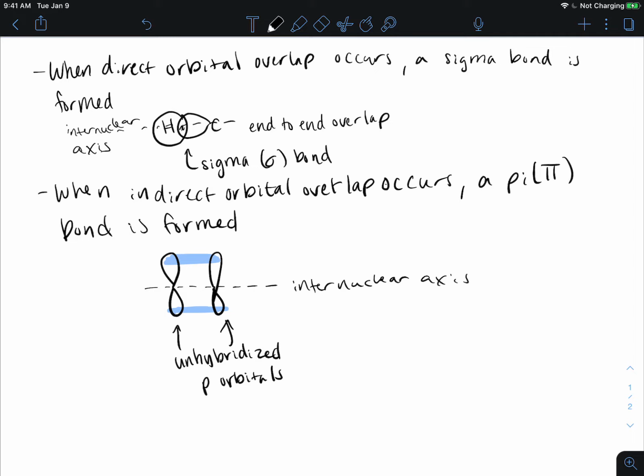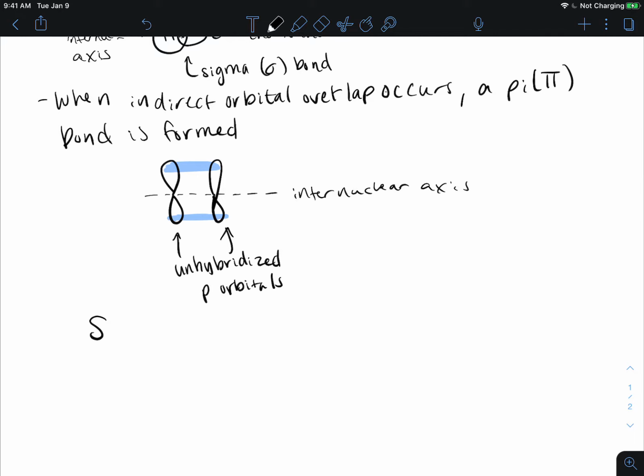Okay, so those are the two types of bonds we can form through orbital overlap, either direct, getting our sigma bond, or indirect, getting our pi bonds. Whenever we think about a single bond, a single bond is a sigma bond.